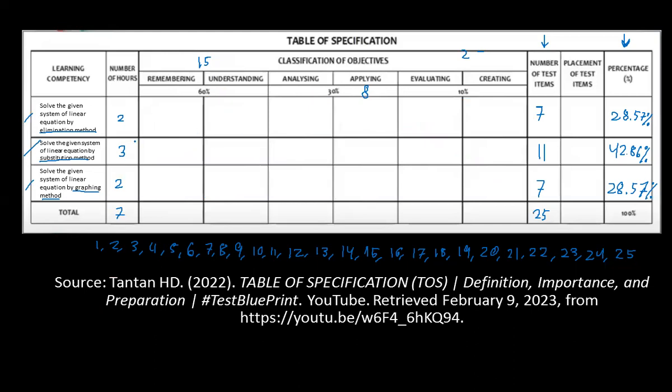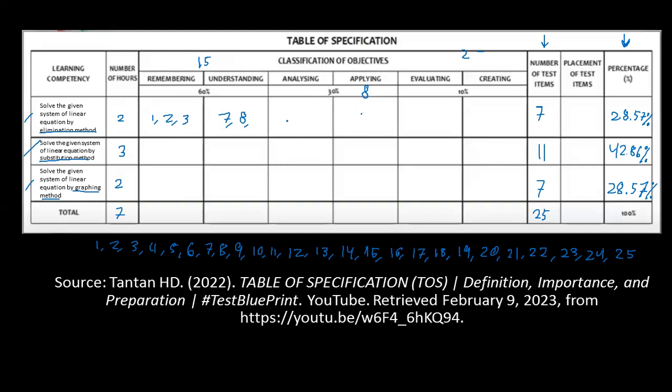So, una, for sa first learning competency, pili-pili na lang ako rito ng numbers. Okay? So, I'm just gonna fill in the blanks. And I think that's fine for me. So, I'm just gonna pick 1, 2, tapos lagay ko dito si 3, tapos lagay ko dito si 7, tapos dito si 8, tapos lagay ko dito si 9.